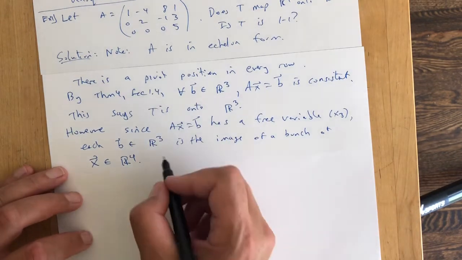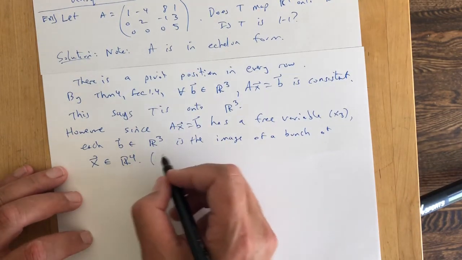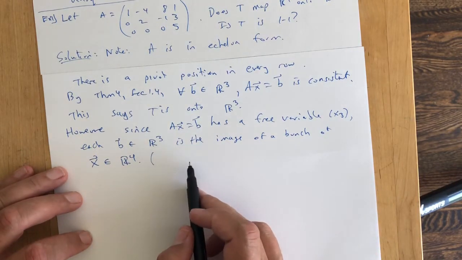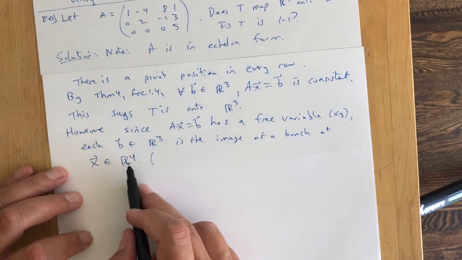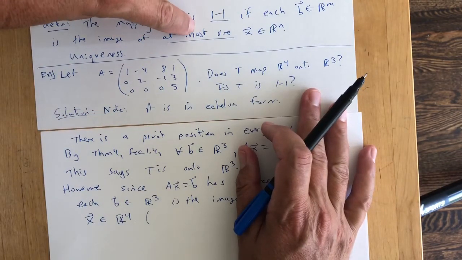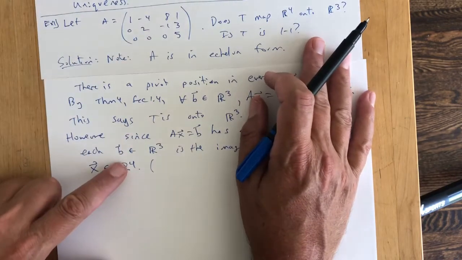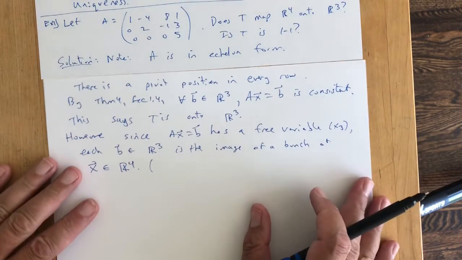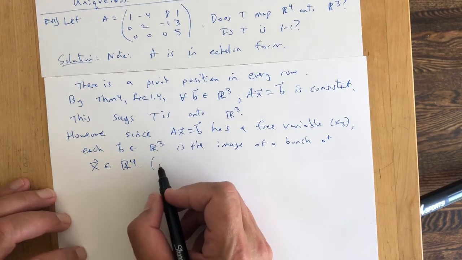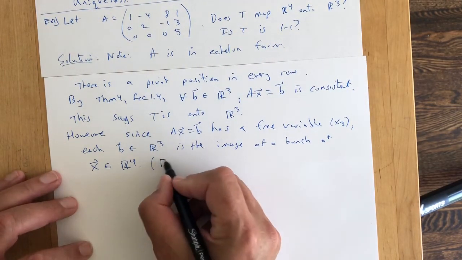And so I'm going to stop the video here and say, all right, we've shown that it's onto, but not one-to-one, okay? Because there's more than one that maps to it, whereas this one-to-one definition says there has to be at most one. And here we're saying there's more than one. In fact, there's infinitely many. So let's take a moment here and find the solutions.